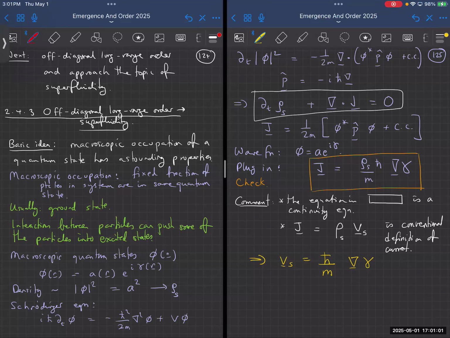So in our system with a macroscopically occupied quantum state, it has a velocity field that flows, and the velocity field is driven by gradients in the phase of the wave function. Okay, so what is the physical significance of that? You might say, well, this is just some math trick. Who cares? What does it mean?